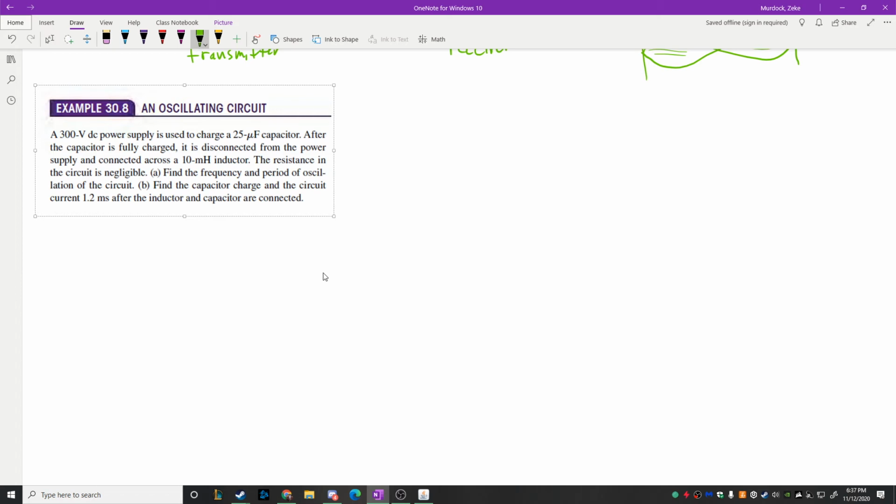Okay, so we have the capacitor charged up to 300 volts, and it has a capacitance of 25 microfarads. We also know that we have an inductor that has 10 millihenries, so that's 0.010 henries. Part A, we want to find the frequency and period of oscillation of the circuit. So we said that the frequency for the oscillation would be 1 over 2 pi times 1 over the square root of LC.